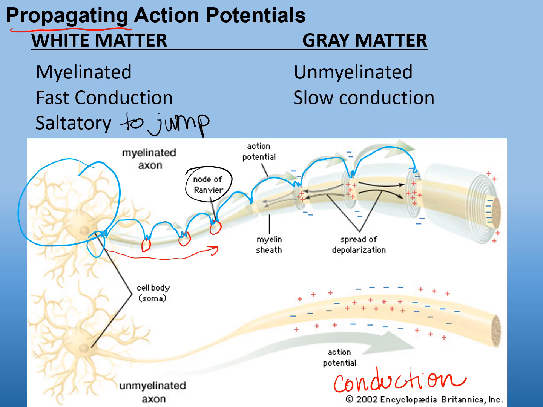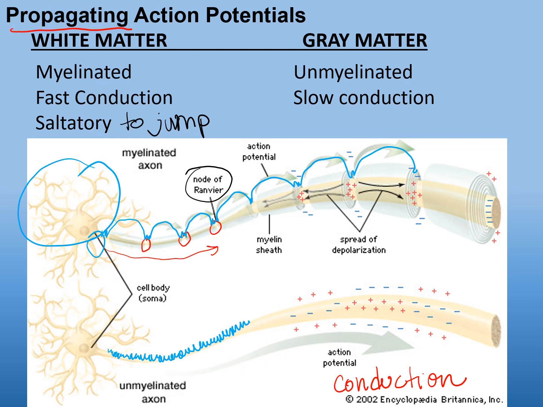This has very slow conduction. This is where the action potential has to go through every single ion channel on the axon. This is like going in the supermarket and stepping on every single tile on the floor. White matter myelinated conduction is like jumping on only the dark tiles, so you jump.